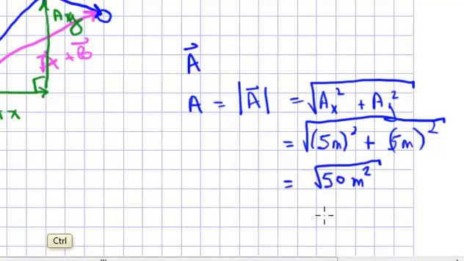And so that's equal to the square root of 2 times 25. The square root of 25 is 5, so that's going to be equal to 5 root 2 meters. The square root of 2 is roughly 1.4. 5 times 1.4 is about 7. So this is roughly equal to 7 meters.